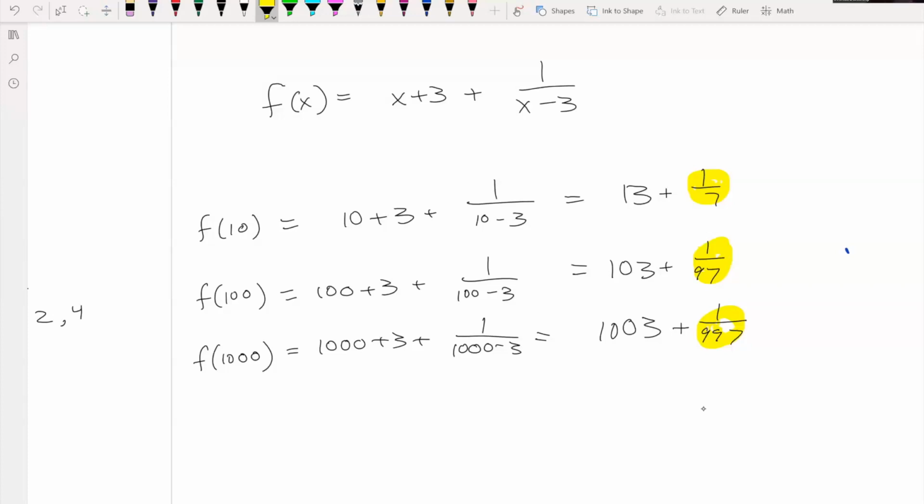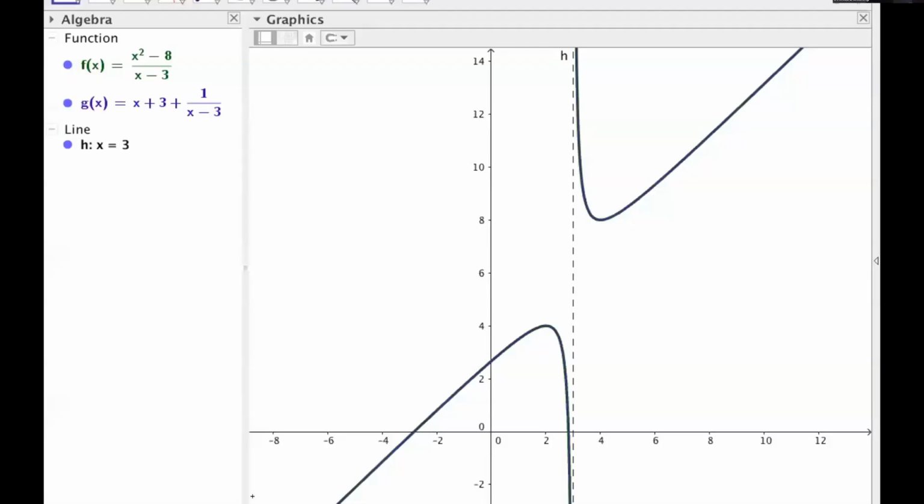The yellow part is the vertical difference between the slant asymptote and the graph. Let me show you what I mean. If I come back to our graph here and bring back our asymptote, and we make it dotted again, okay?